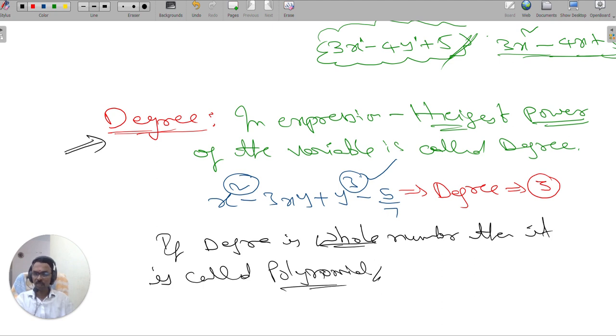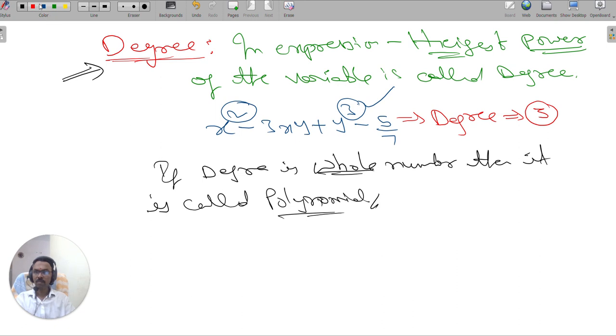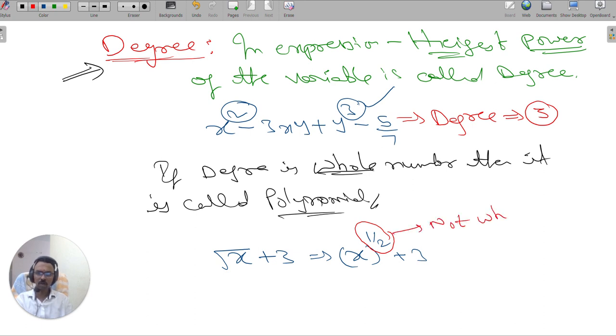Let me give you an example: root x plus 3. This is nothing but x to the power of 1 by 2, plus 3. What is the degree here, 1 by 2? It is not a whole number. Therefore, this is not a polynomial.